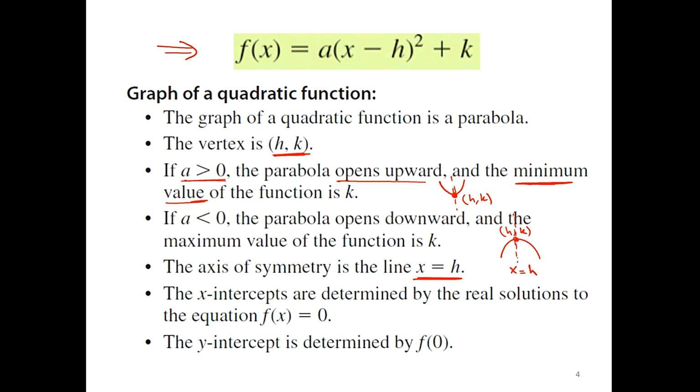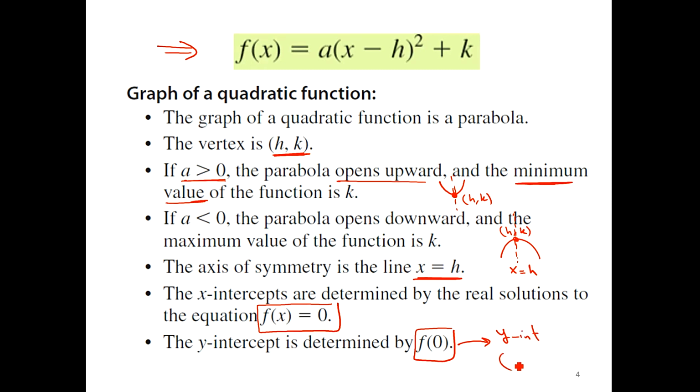Now, also we may have the x-intercept. We can obtain this x-intercept by putting f of x equal to what? Equal to 0. If we need to find the y-intercept, we need to find f of 0. So this is to find the y-intercept.